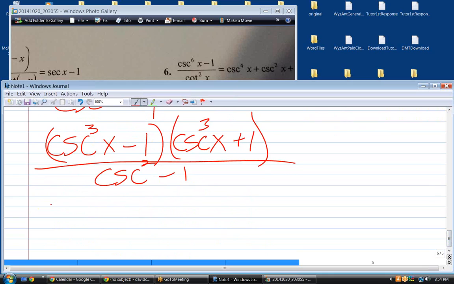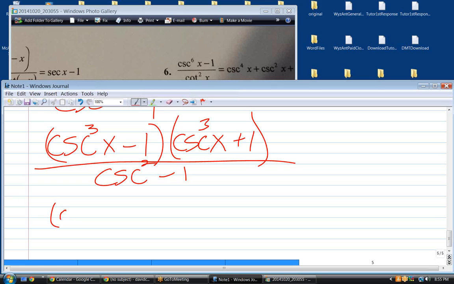The difference of cubes is equal to what? Hold on just 1 second, I'll finish writing. Now we have the sum of cubes and the difference of cubes. So let's factor those.